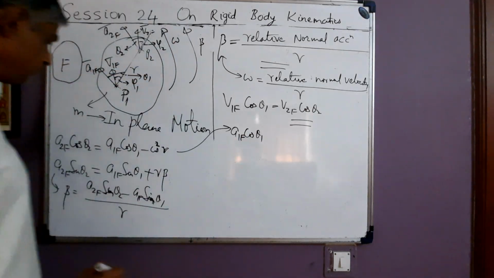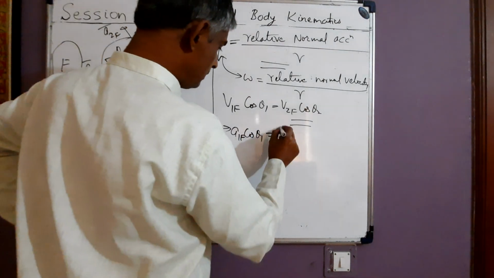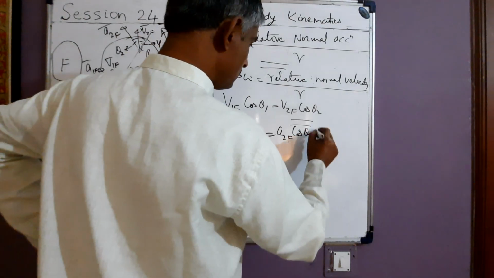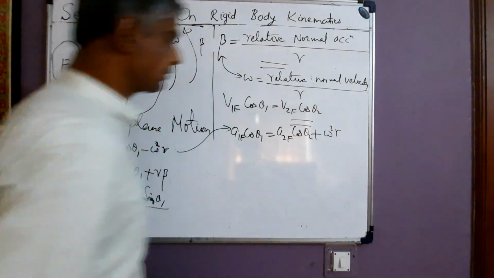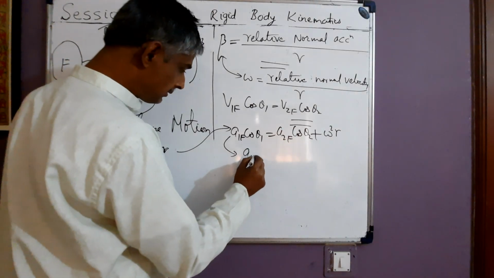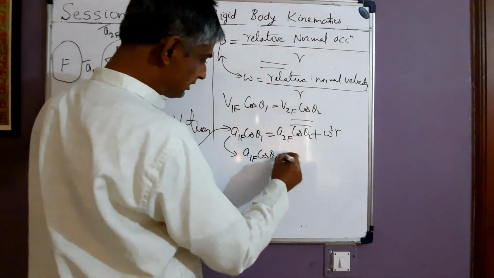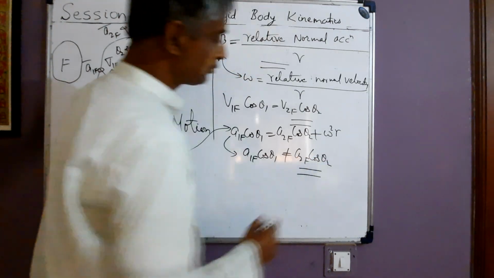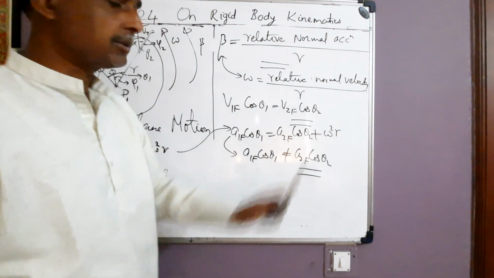A1f cos theta 1 is not equal to A2f cos theta 2, because of this additional omega square r term.